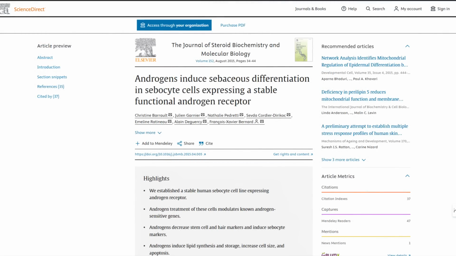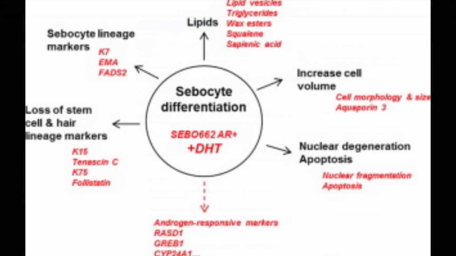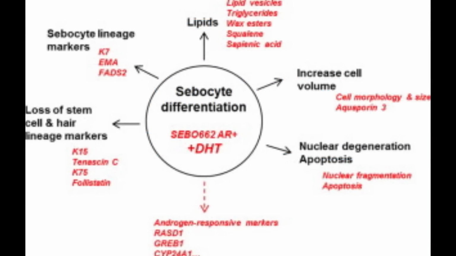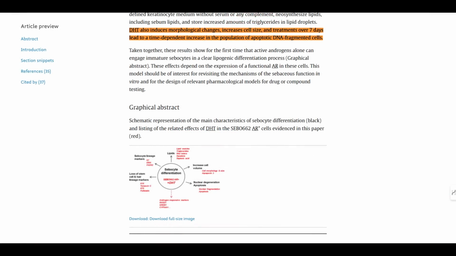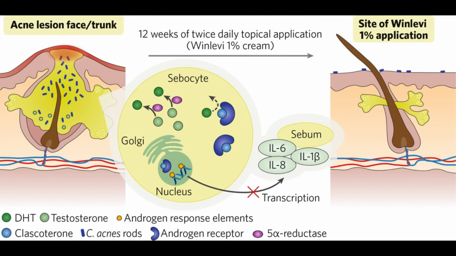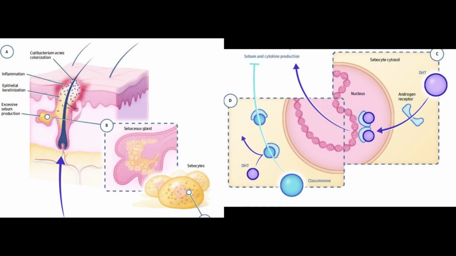The conversion of testosterone to DHT in the sebaceous glands helps stimulate sebum output, because DHT binds to sebocyte androgen receptors and increases sebum output, and that sebum is going to ultimately have 5-alpha reductase type 1 along with DHT inside of it.